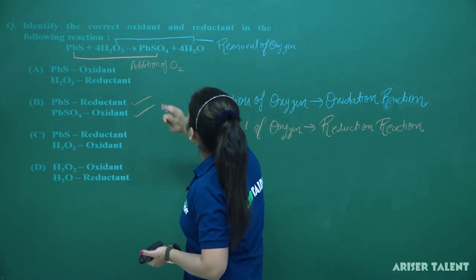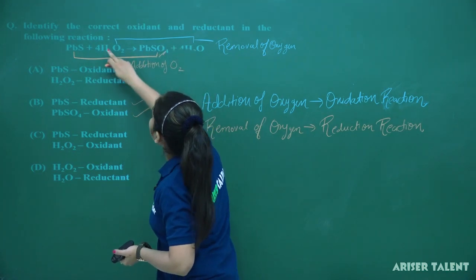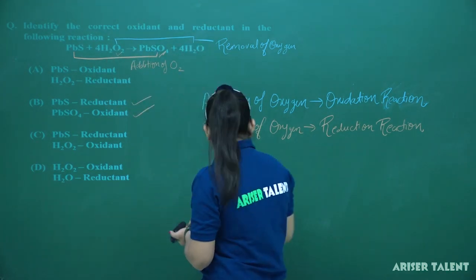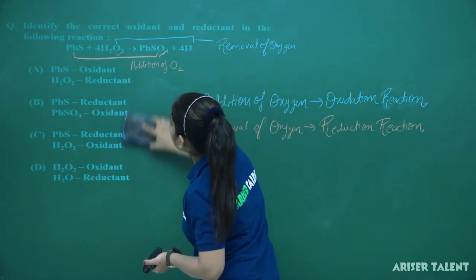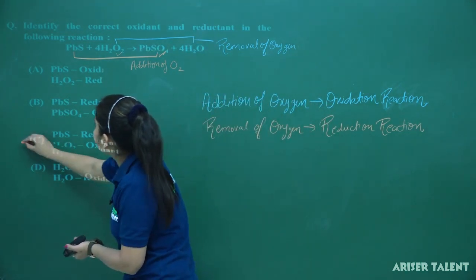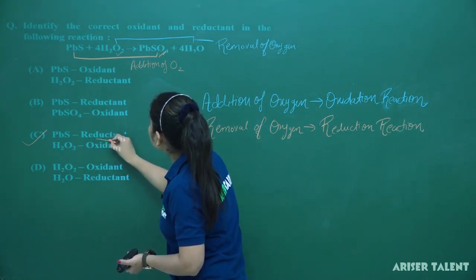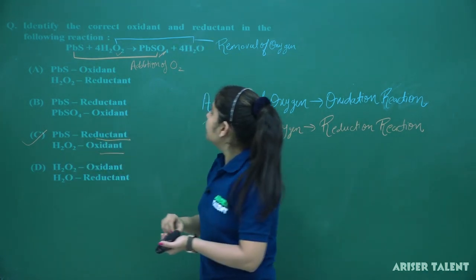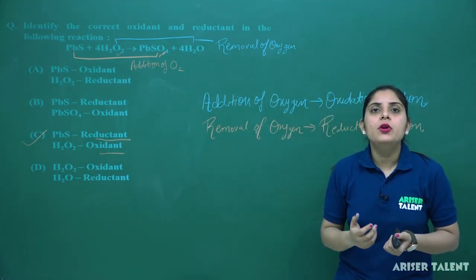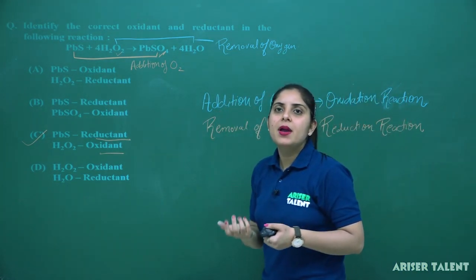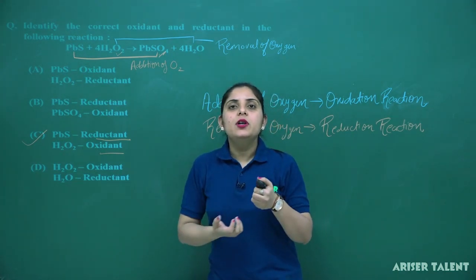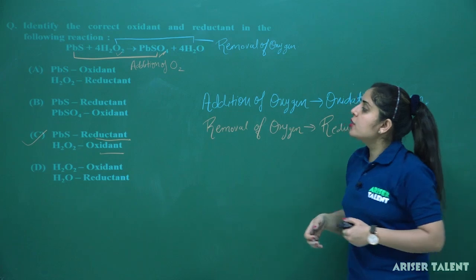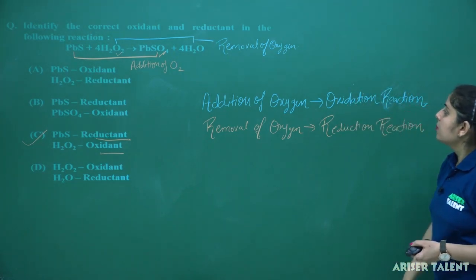PbS will form PbSO4, and 4H2O2 will form 4H2O, so H2O2 is considered as an oxidant. So the correct option here is option number C, because PbS will act as a reductant and H2O2 will act as an oxidant. The component which helps in reduction is termed as oxidant and the component which helps in oxidation is termed as a reductant. So here the correct option is option number C.